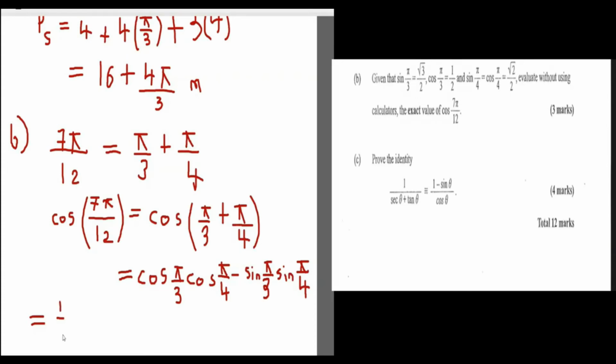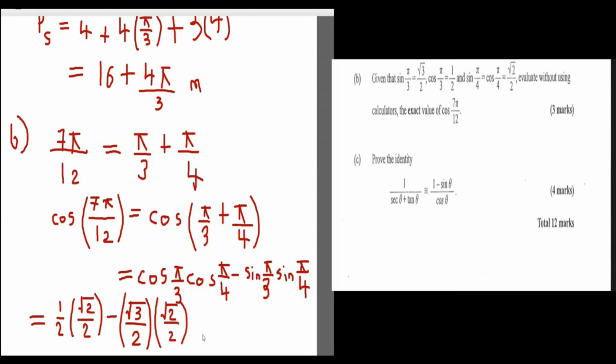So this works out to be a half times cos pi by 4, which they say is root 2 over 2, minus sine pi by 3, which is root 3 over 2, times sine pi by 4, which is also root 2 over 2.